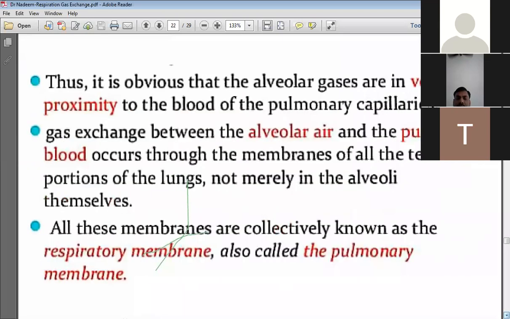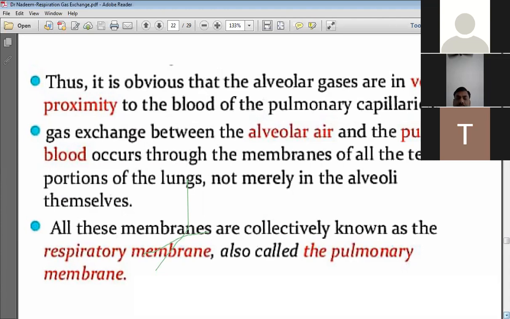So these alveolar gases are in very close proximity, very near to the blood capillary, making it very easy for gas exchange because of this close proximity. These are important characteristics for the exchange or diffusion of gases.